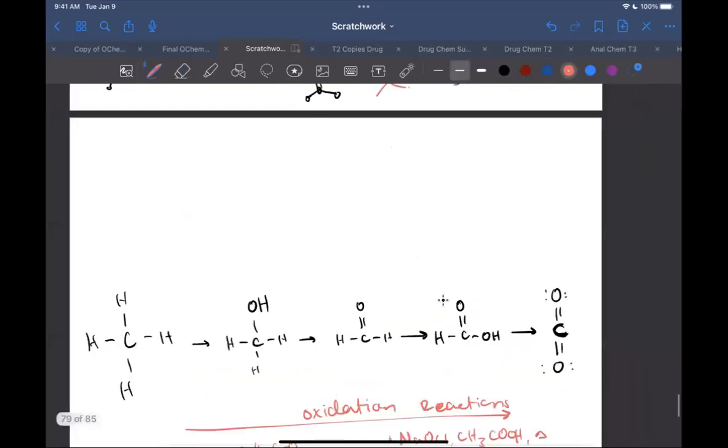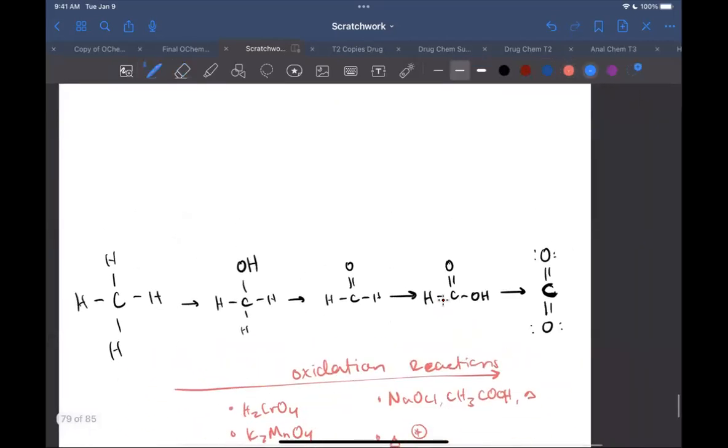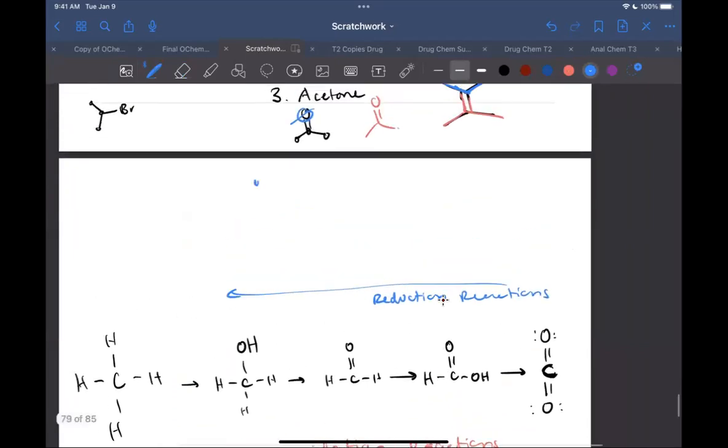And what if I wanted to go in reverse? That would mean we do the reduction reactions. The ones that we've already seen: your Grignard is a reduction reagent, with Br, H3O+, because the carbanion, or the organometallic, creates will attack a carbon-oxygen bond.